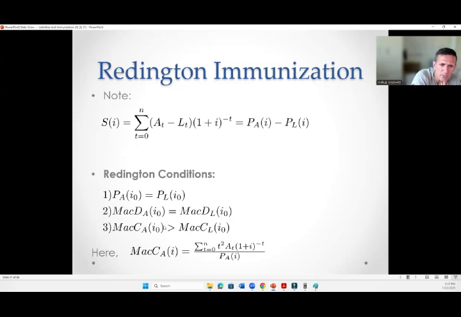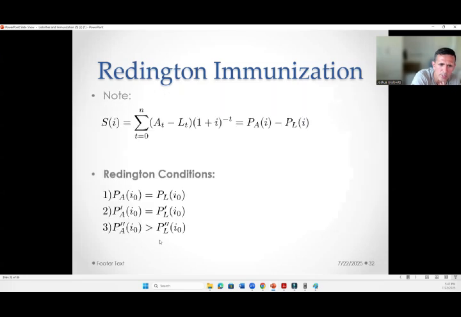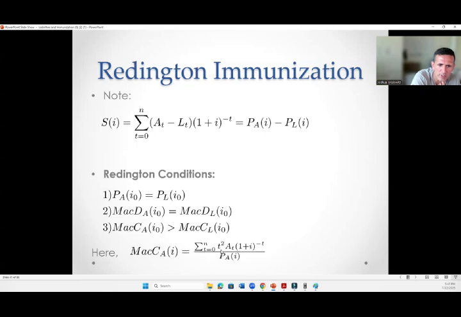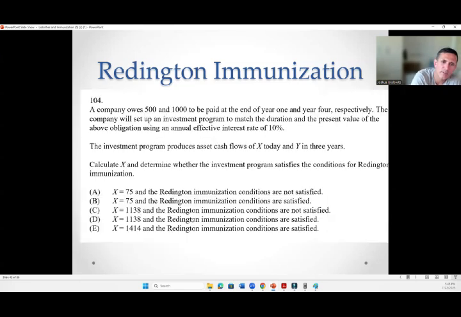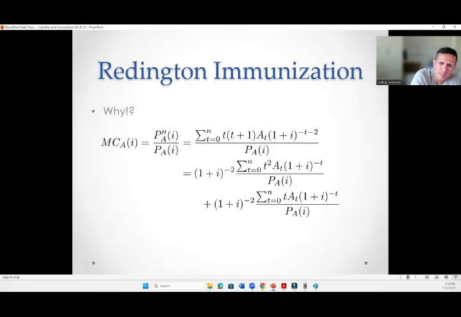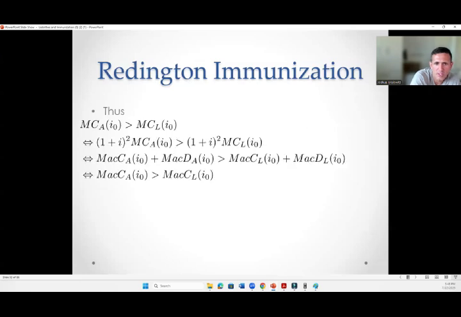But you can show that all three of these are equivalent to all three of these. Again, I'll explain why that's useful in a little bit. If you want to see the derivation, it's right here. It's not that bad, but it is a little bit much.